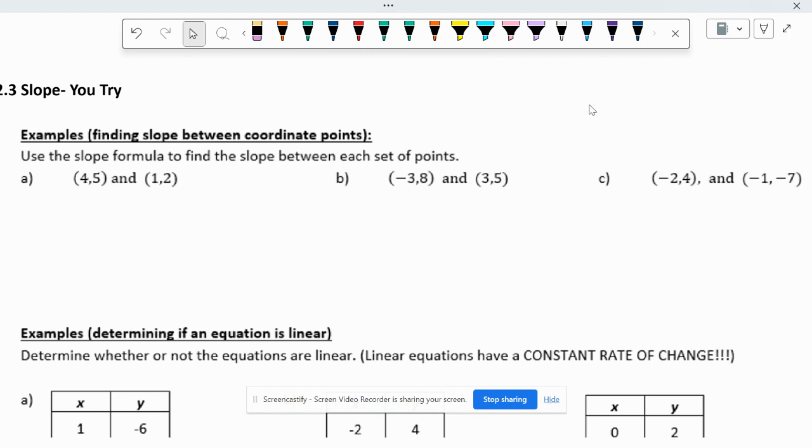Pick 2 of those to copy down from them on the board. I'm going to freeze the screen and do them as well, so they're in our video notes. -7. The last ordered pair is -1, -7. Good call on that.